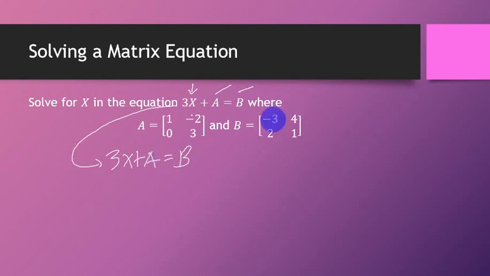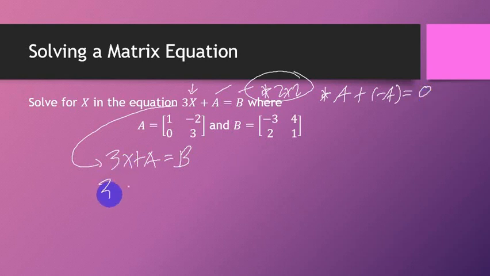We know that because of the property of the zero matrix, A plus negative A equals the zero matrix, and this is 2 by 2. So take note that we are working with 2 by 2 matrices. I'm not going to encode it here anymore. So that would mean I can also add the negative matrix A here.